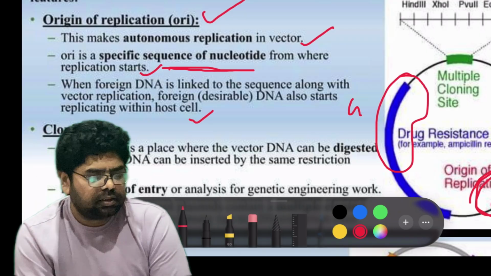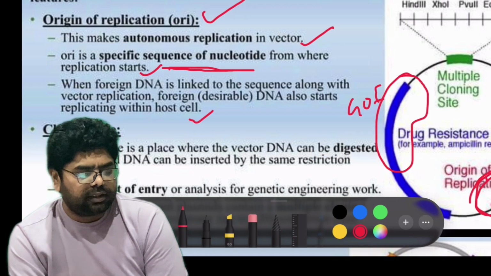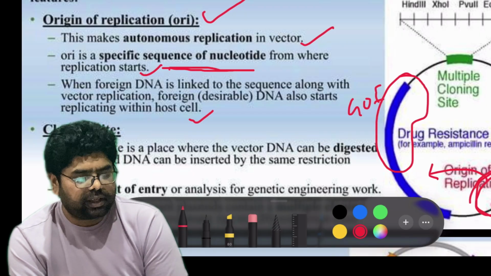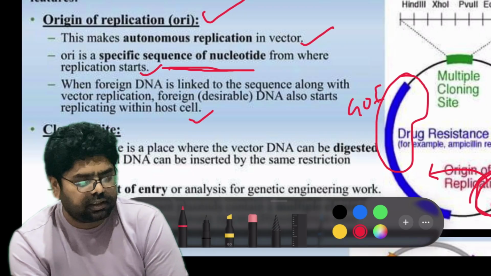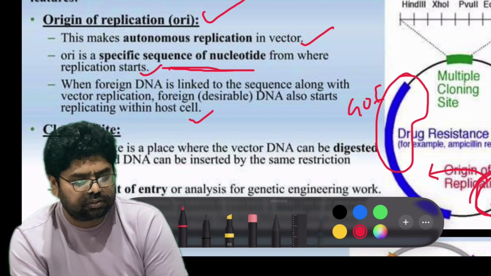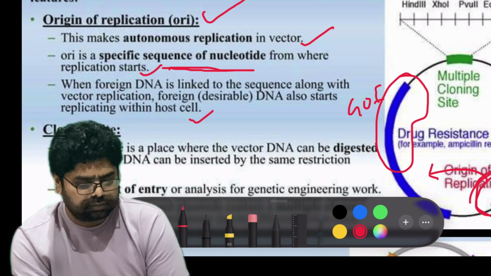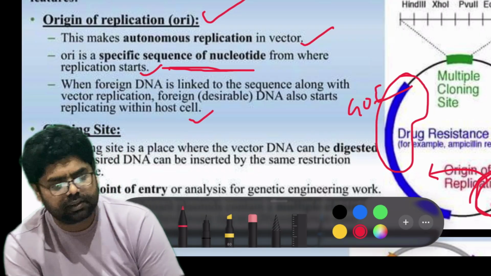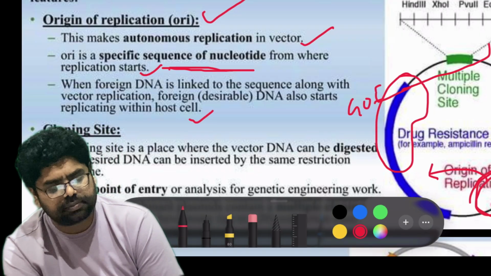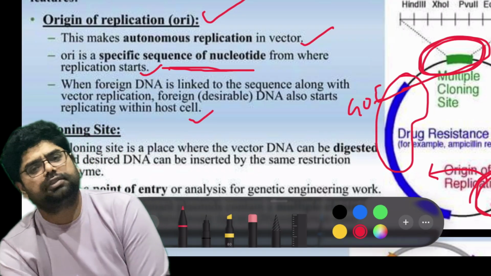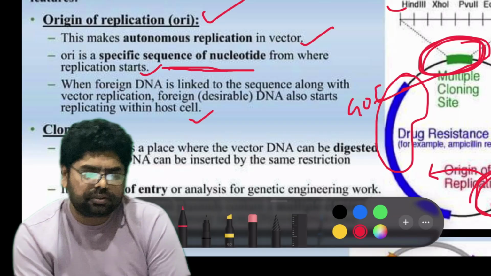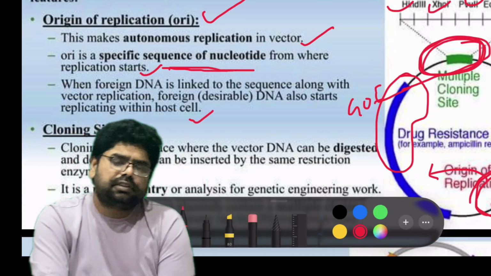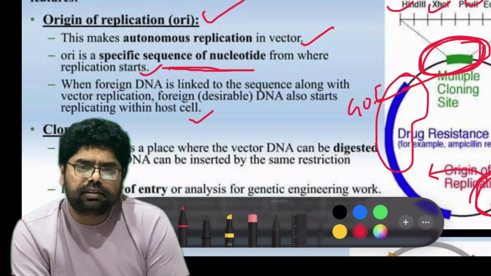replication. Now what is the cloning site? Cloning site is a place where the vector DNA can be digested and the desired DNA can be inserted. So this is called the cloning site. Why is it called cloning site? Because it has multiple enzymes and you can choose your enzyme of interest and clone your gene of interest inside your multiple cloning site.